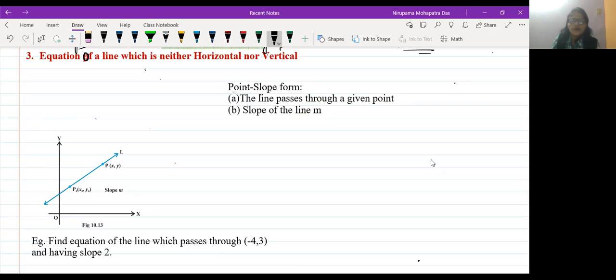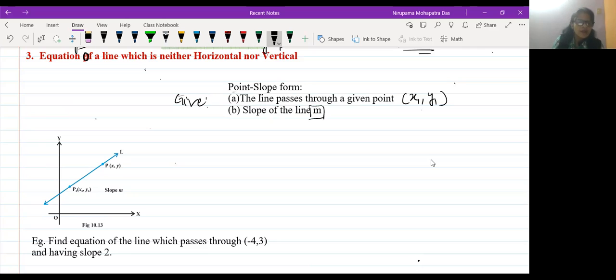Here we can discuss two forms, to get the equation of the line, in today's class. One is the point slope form. In point slope form, what will be given to us? We will be given that the line passes through a given point x1, y1 and the slope of the line is m. So the point will be given, and the slope will be given.